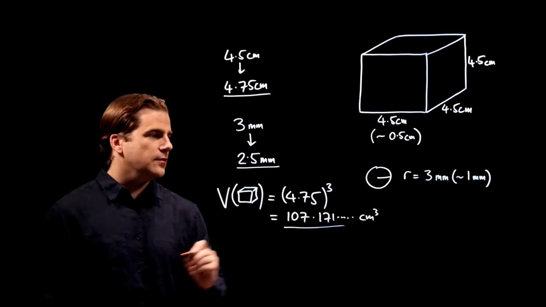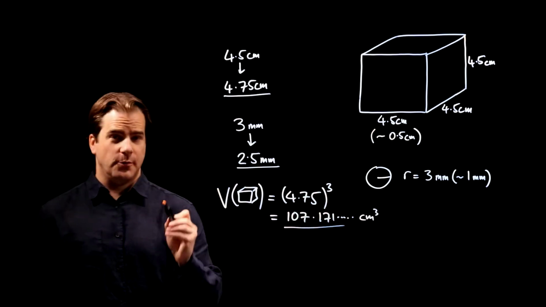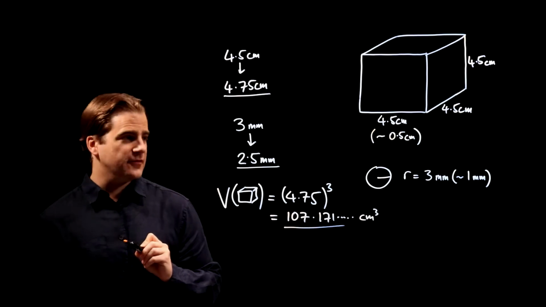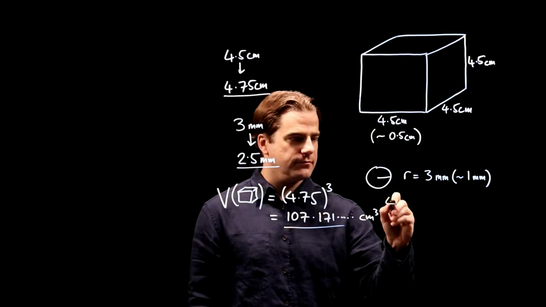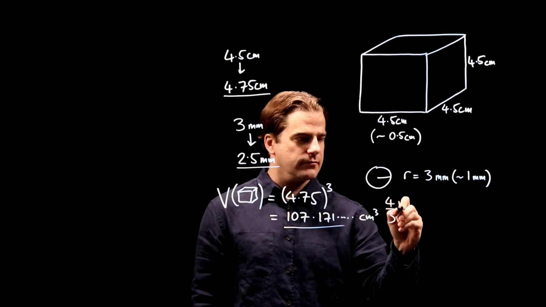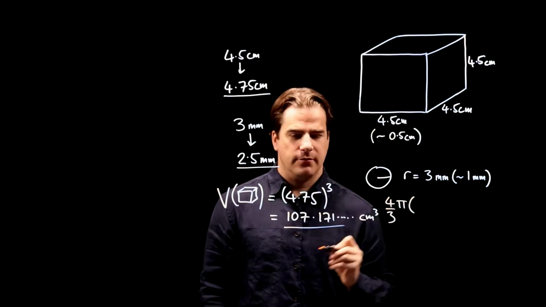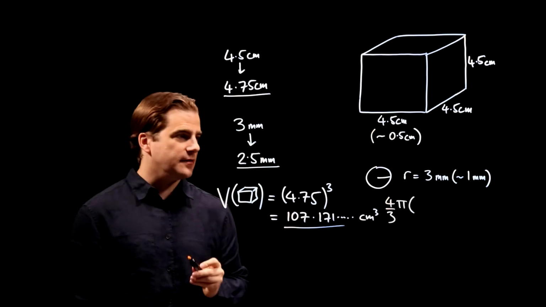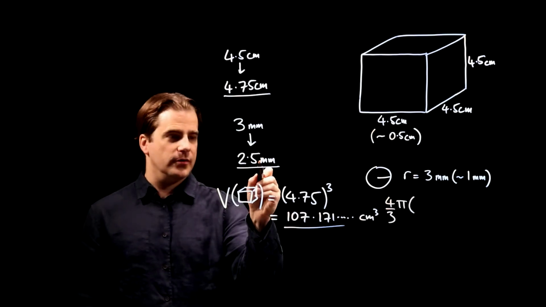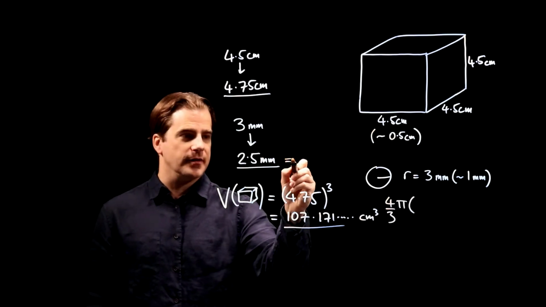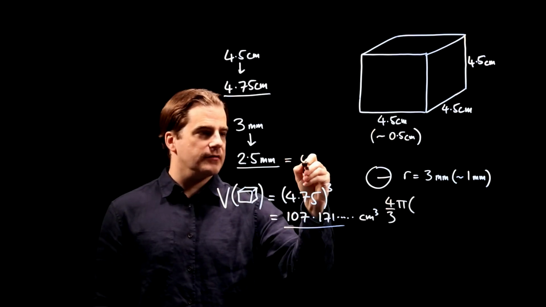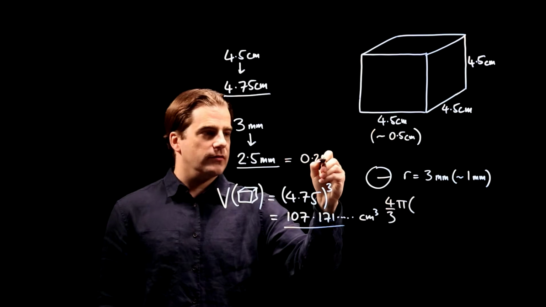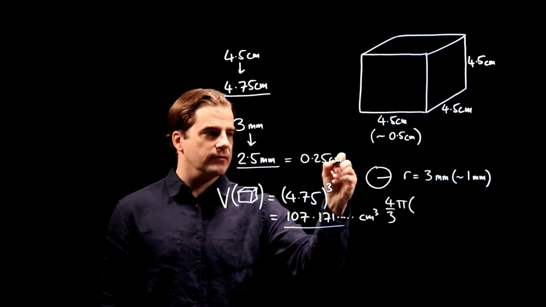Right, volume of a sphere. I hope you know the formula for the volume of a sphere off by heart. It's 4/3 pi r cubed. Now, we've chosen to work in centimetres, so we need to convert 2.5 millimetres into centimetres. Well, 2.5 millimetres is 0.25 centimetres.